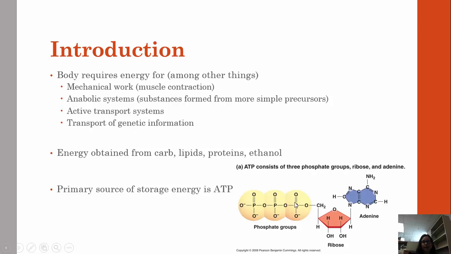The phosphate groups are bound in these high energy bonds. When we need energy, we can break off one of the phosphates and use that potential energy stored in those bonds to do any of the work that our body needs to do. Also, when we have more energy than we need to use, we can bind these phosphates back up and regain that potential energy in that ATP so that we can use it when we need it.